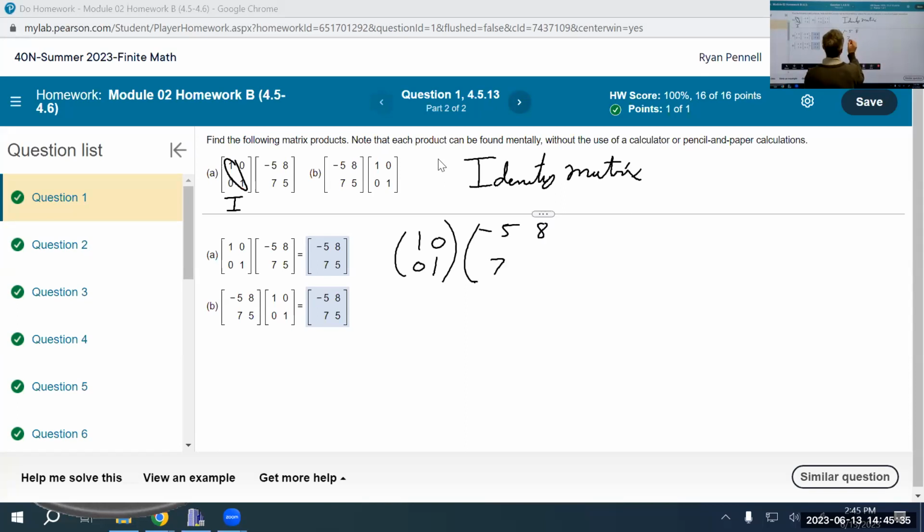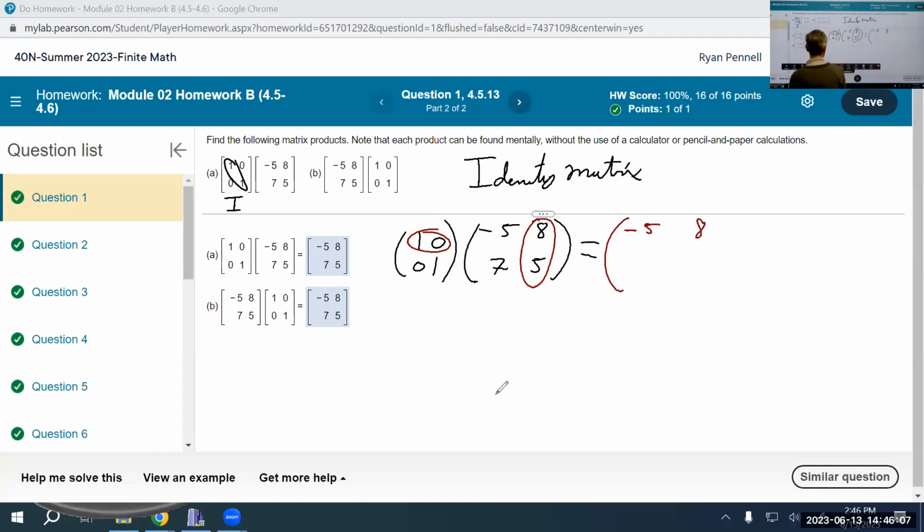-5, 8, 7, 5. I claim we're going to get that same matrix back. Now remember how we're doing this? Row by column. So that's -5 plus 0, then 8 plus 0 is 8.